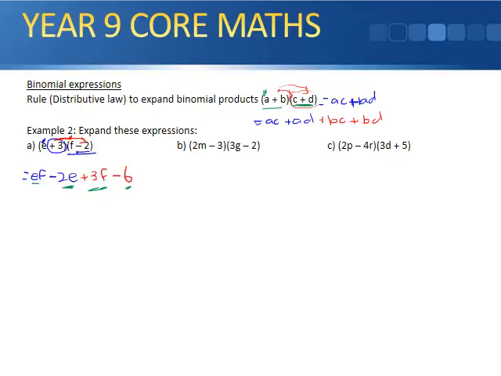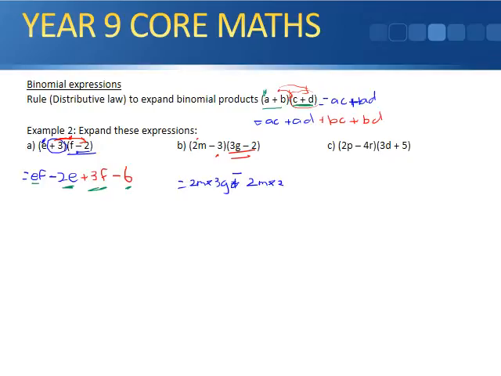Part B. Again, we're going to times this first one by everything inside the bracket, and then this second one by everything inside the bracket. So let's do the first one, the 2m times the 3g. You don't need to write this line, I'm just going to write it. And then it's positive and a negative gives me a negative 2m times the 2.